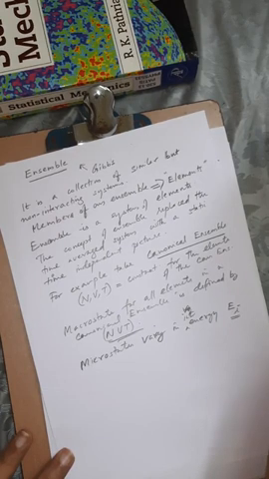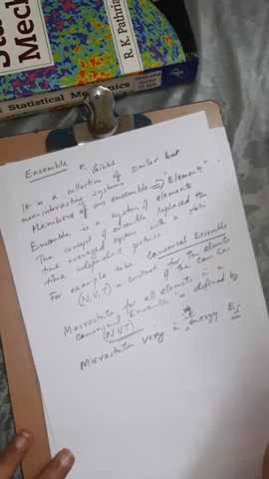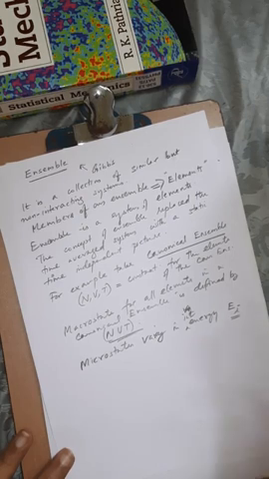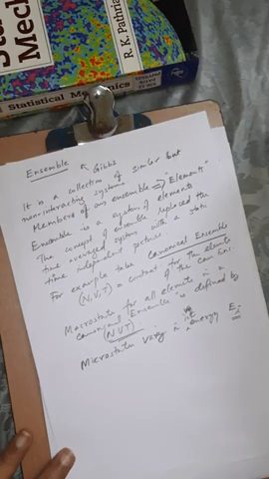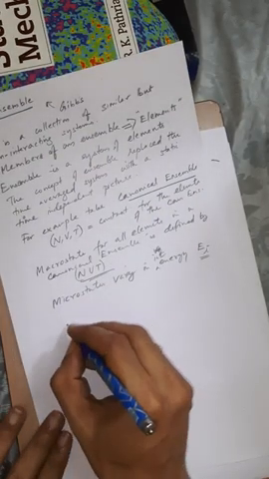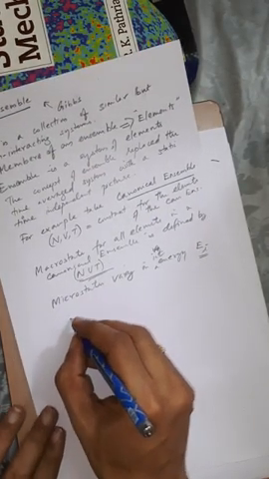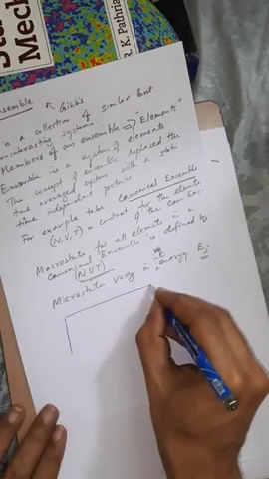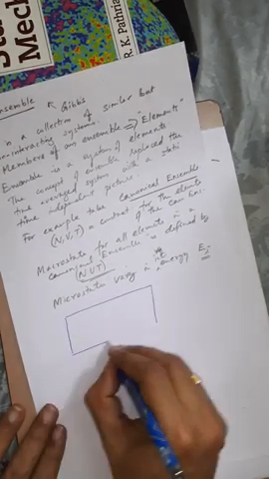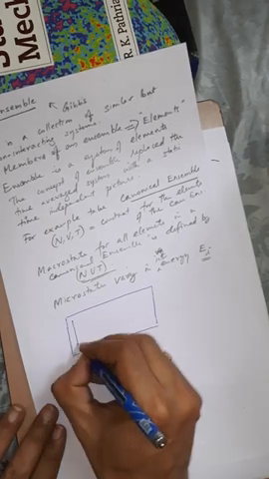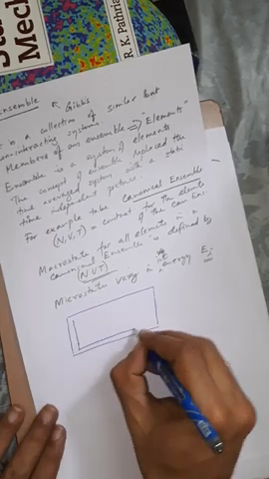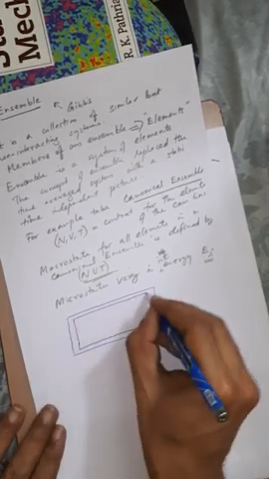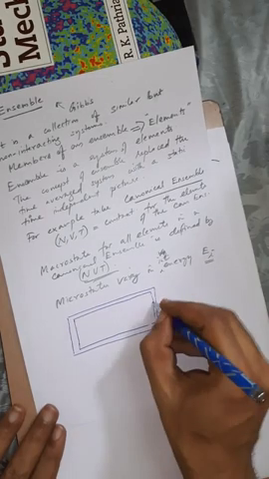So that is it. For example, let me draw a figure over here. Normally we represent a canonical ensemble like this. You might have learned this in your BSc, I'm sure.